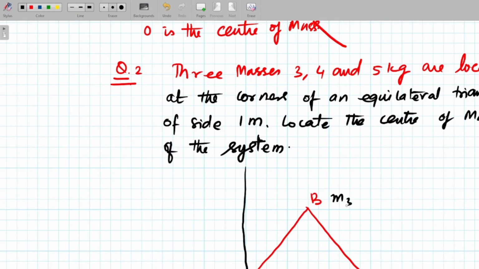M1 corresponds to 3 kg, M2 corresponds to 4 kg and M3 corresponds to 5 kg. Now you can go ahead and solve this problem.